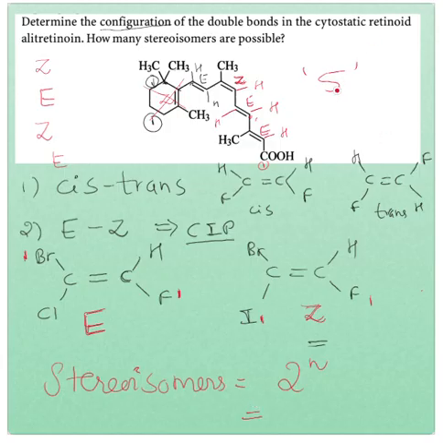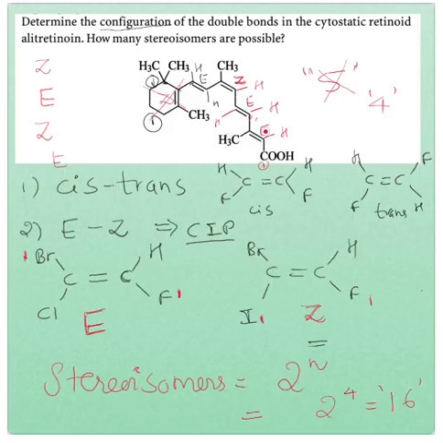Although the number of double bonds is 5, we can't take 5, we have to take only 4. The 4 double bonds we have here can change the configuration but not the double bond present in the ring. Therefore, how many stereoisomers are possible? You have to use the formula 2 to the power 4. So the total answer would be 16.